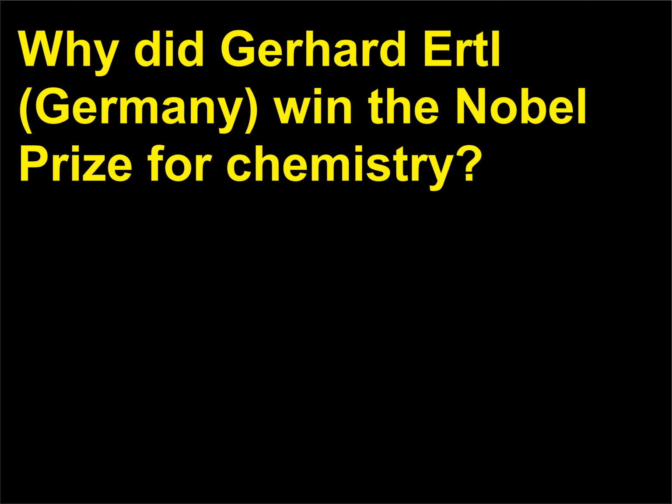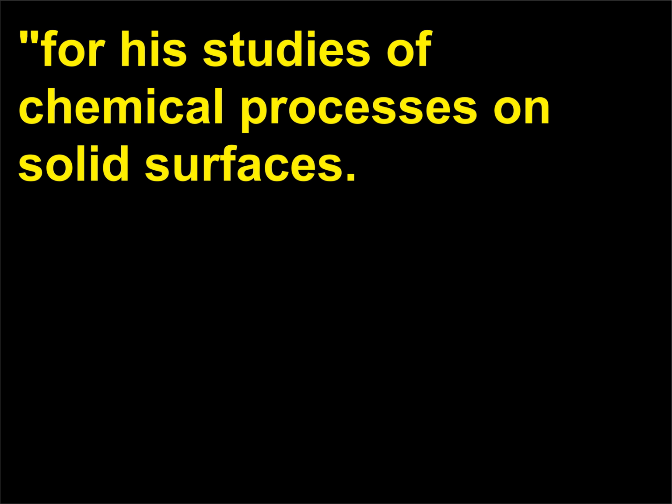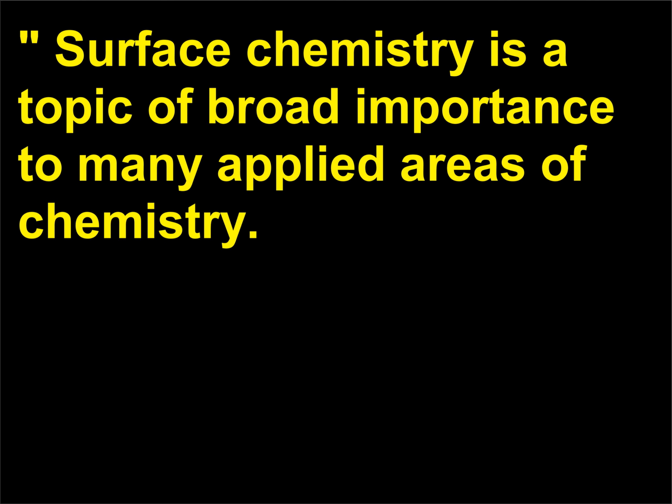Why did Gerhard Ertl, Germany, win the Nobel Prize for Chemistry? For his studies of chemical processes on solid surfaces. Surface chemistry is a topic of broad importance to many applied areas of chemistry.